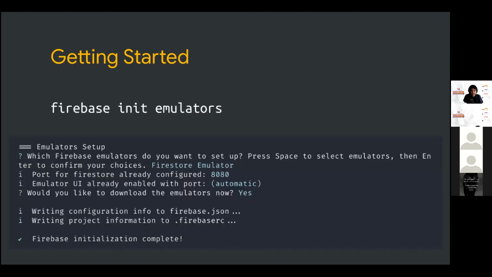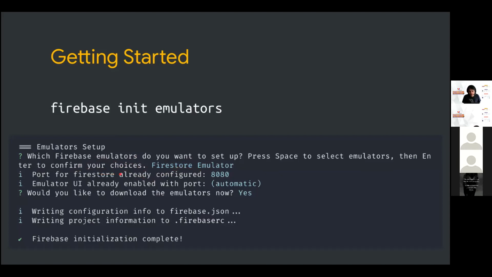After you log in, inside your app, whatever app we're building, we cd into it, and then we can run firebase init emulators. This will initialize the emulators that we want to use for our Firebase project. Here it will ask us to choose which emulators we want to use. For this example, we just use the Firestore emulator.